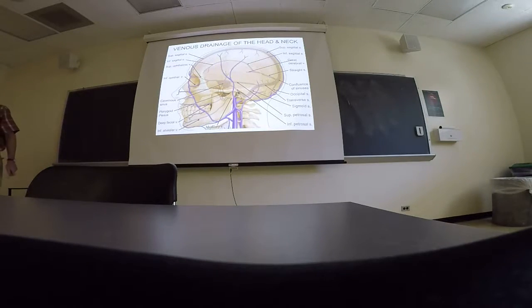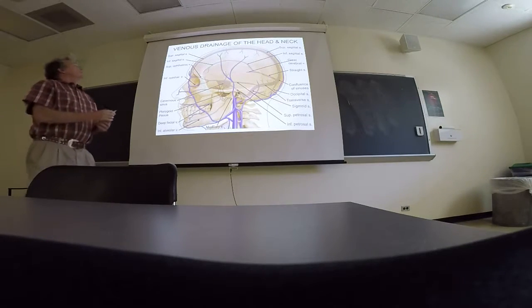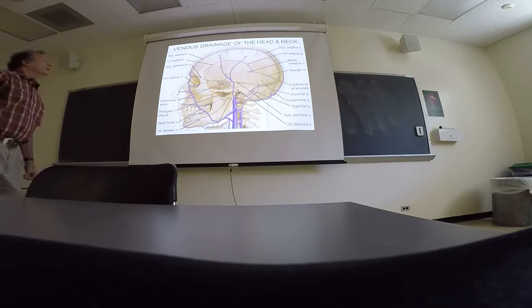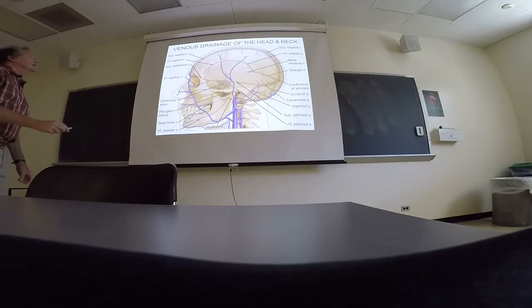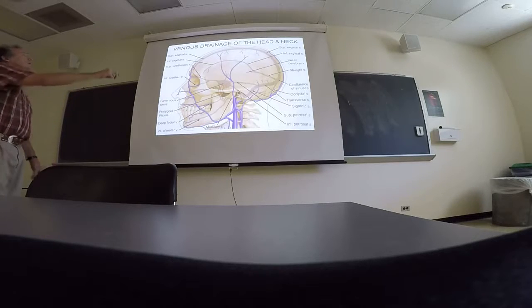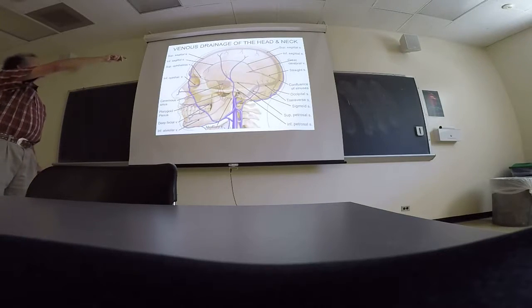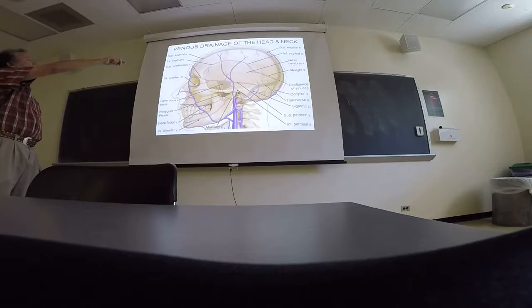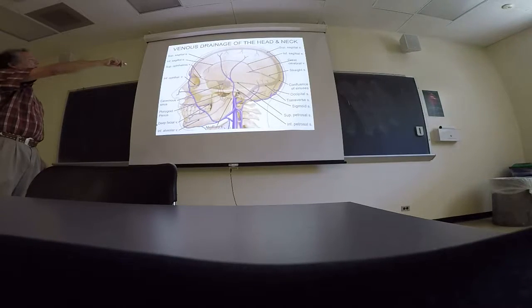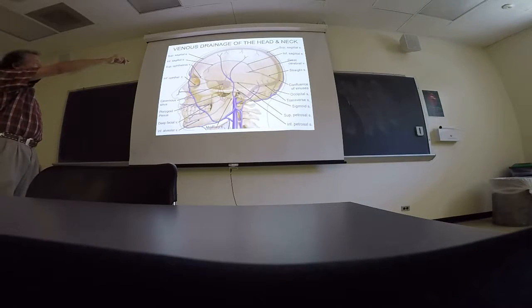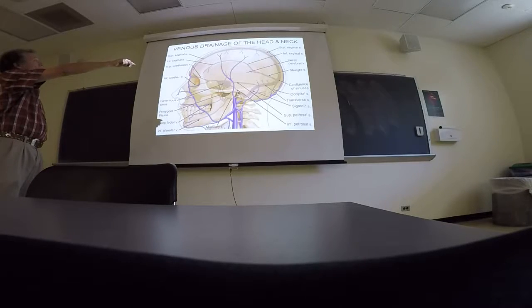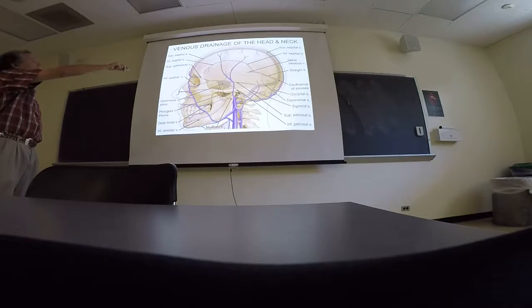Okay, more of these guys named. Note that there are some other connections, however. For example, the superior ophthalmic vein and the inferior ophthalmic vein, which are in the upper part of the eye and lower part of the eye, are connected to veins on the outside of the face.